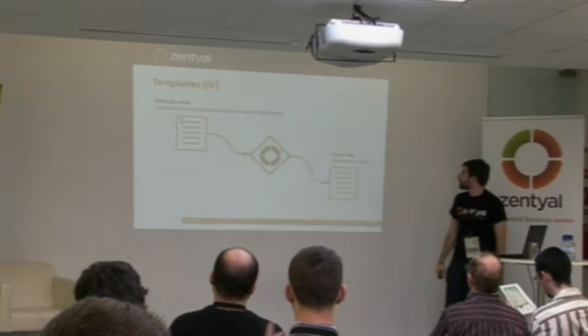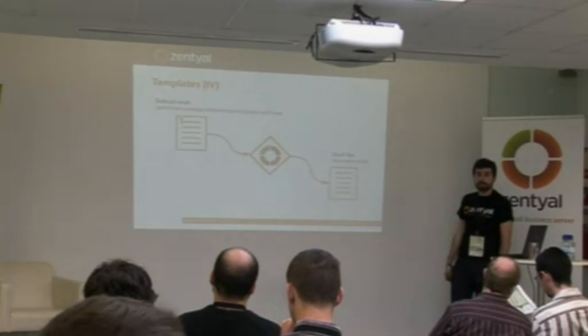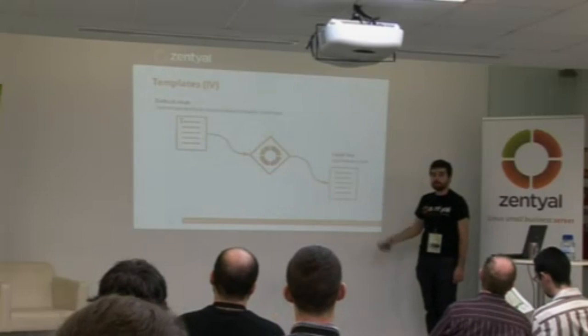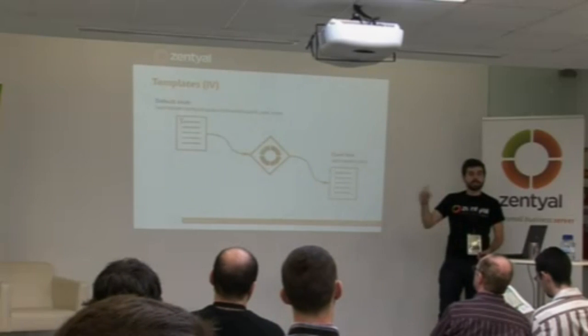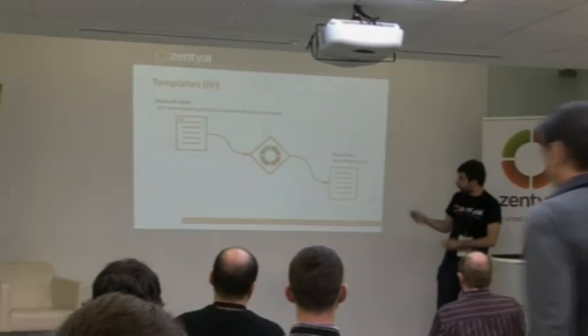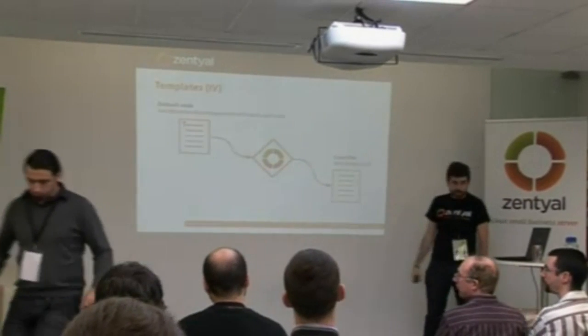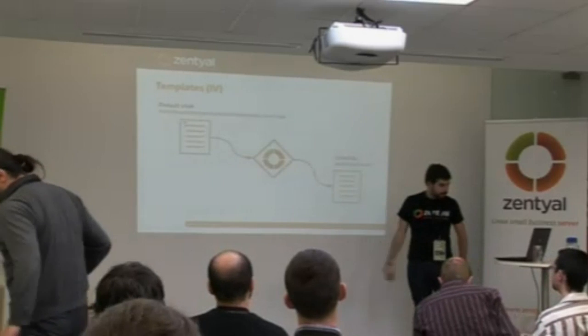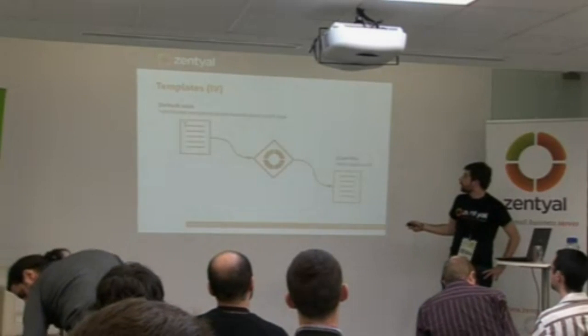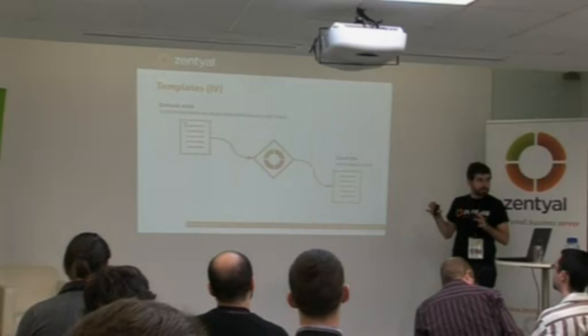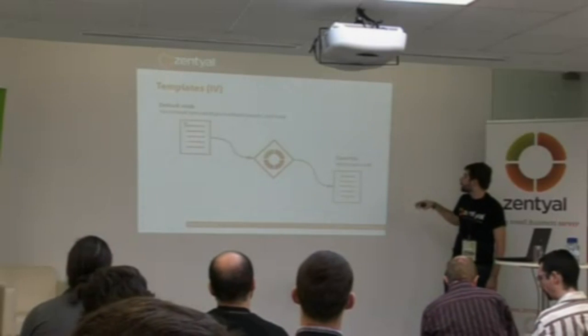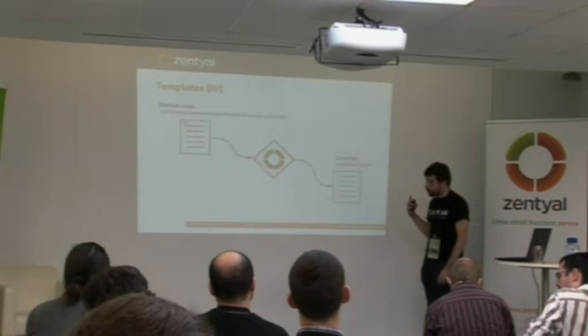Let's see how it works. Here we have Zentyal. We have here the file Zentyal is going to write on save changes, for example, and there is the template. It's located in /usr/share/zentyal. If you want to modify some file written by Zentyal, take this into account.